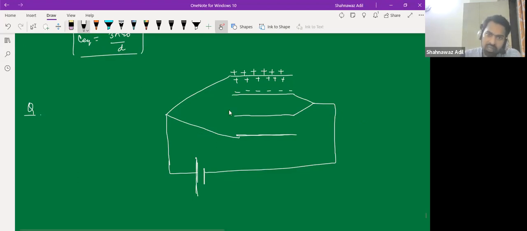You see that we had these four plates and I connected the last ones with the positive terminal and I connected the middle ones with the negative terminal. Whatever plates are connected with the positive terminal will acquire the positive charge. So this will acquire positive and this will acquire the positive charge.